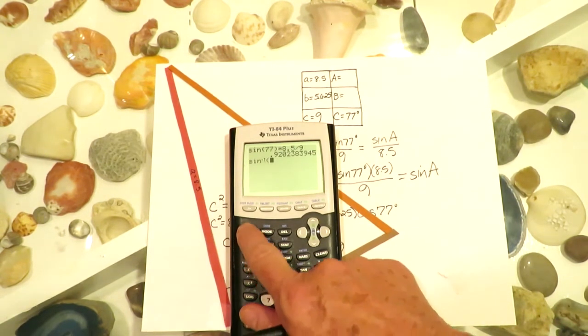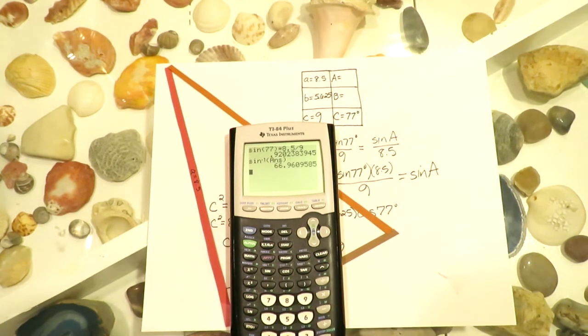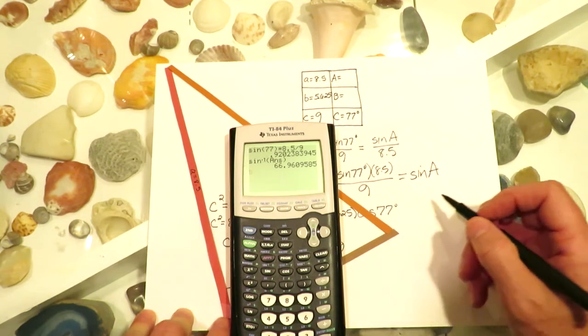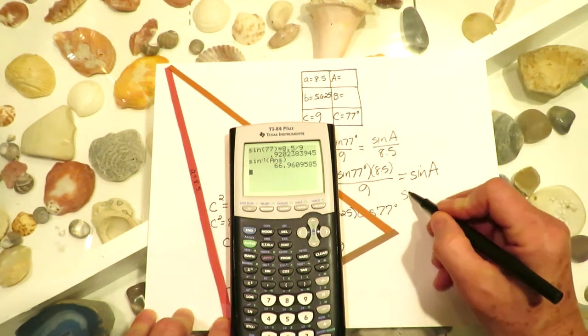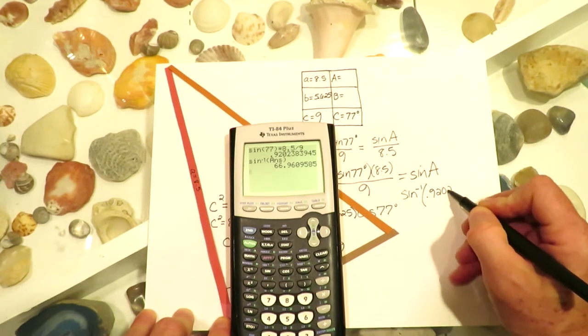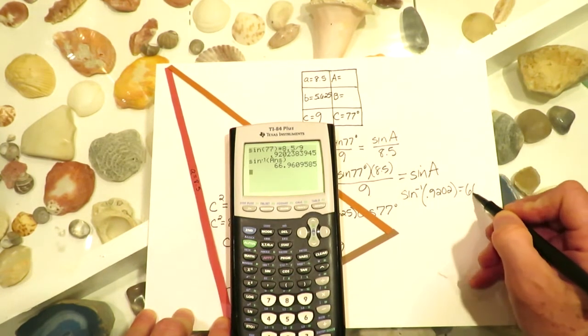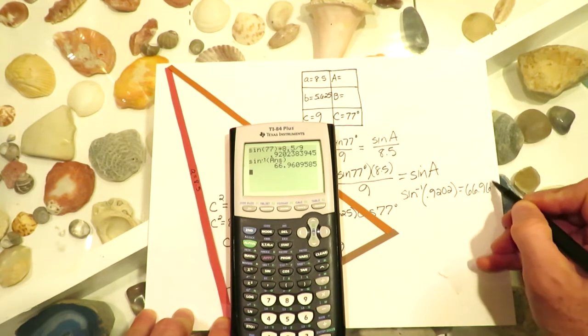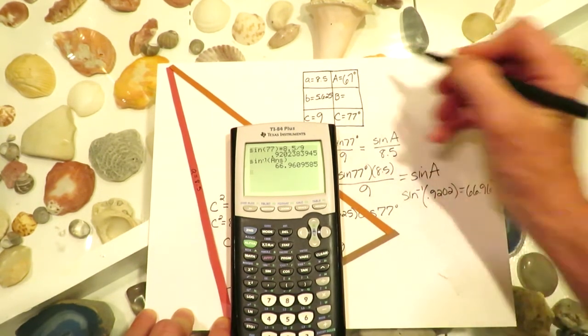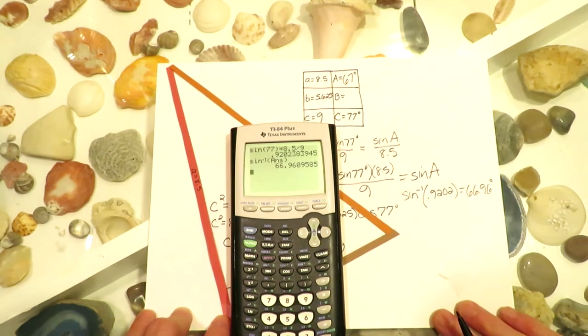If we take inverse sine of that, A needs to be a 66.96 degree angle. If you want to, you could say it's 67 degrees because it's pretty close.